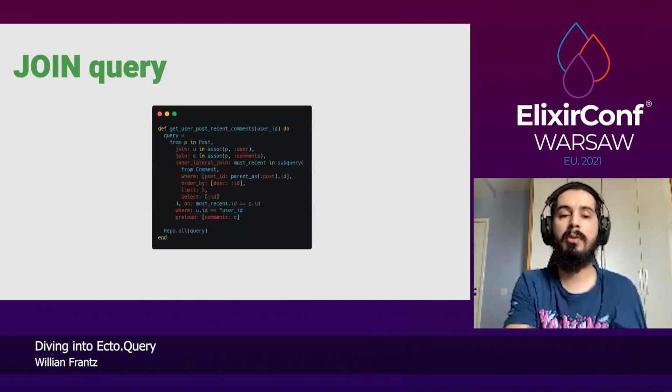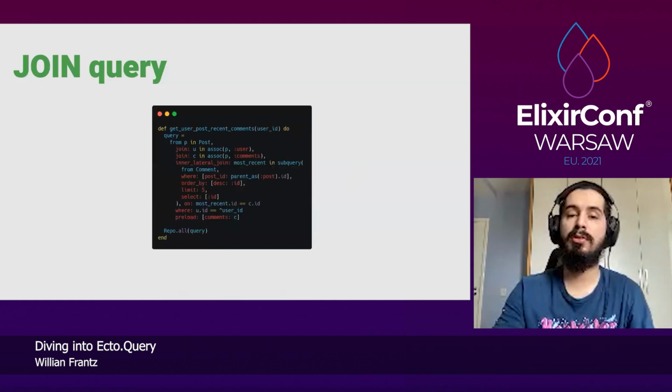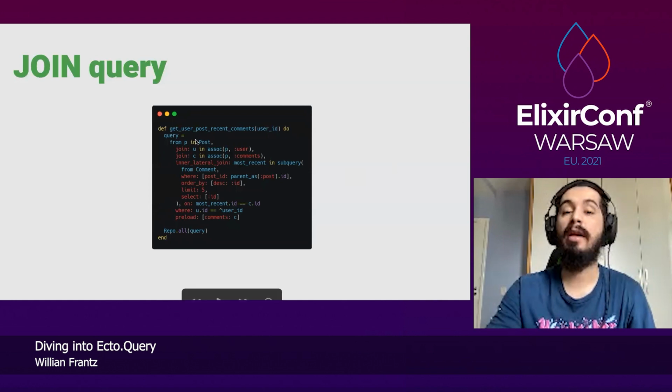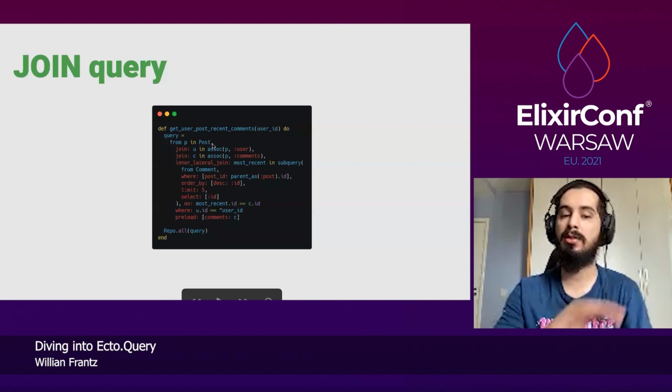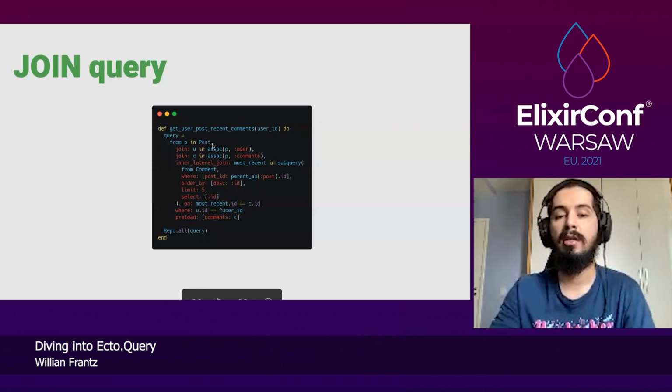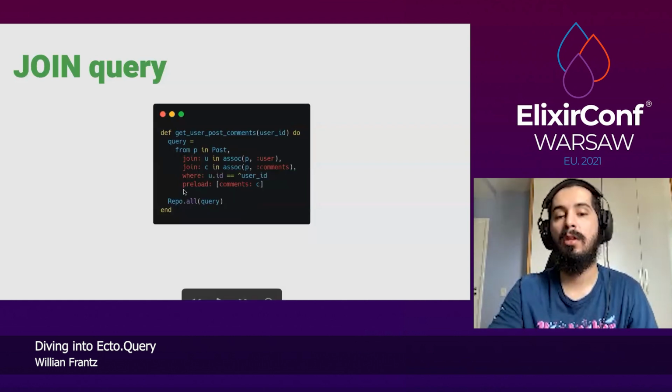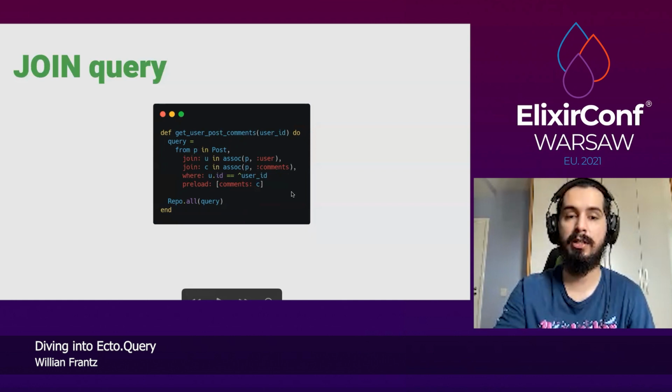So now let's say that we want to get the user's posts' recent comments. I don't want to grab all the comments. In this query, for example, if we have thousands of comments, we would preload all those thousands of comments, and that's not something really good for us in this context.